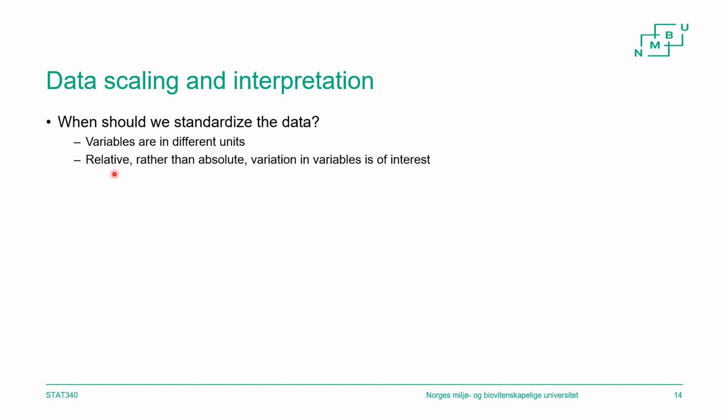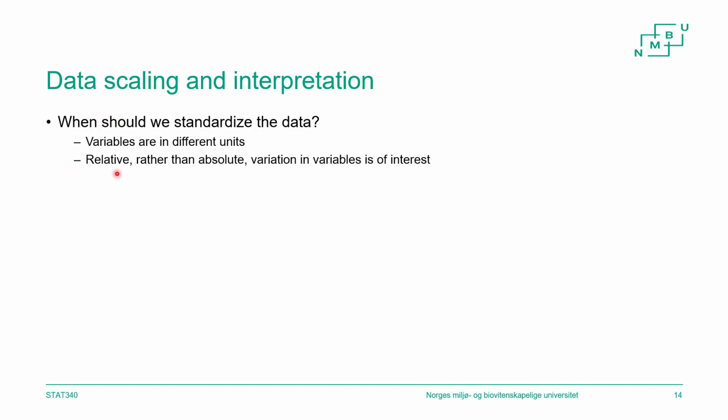Also, if you want relative rather than absolute variation, then you should also standardize. But on the other hand, if your variables are counts, for instance, or in this beer taste example, where all the values were on the same scale, right?